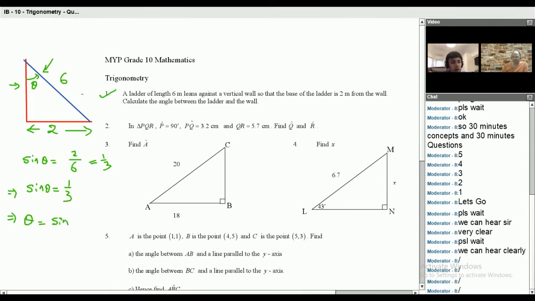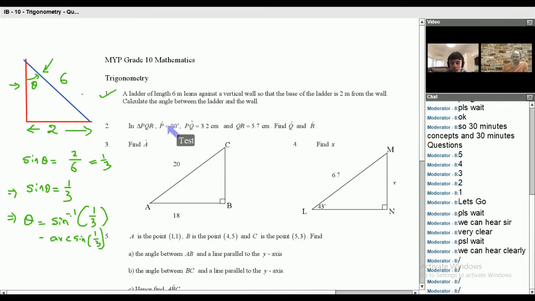It's called arc sine or sine inverse 1/3, and there is another notation, arc sine, which also means sine inverse. To get the value of theta up to 1 or 2 decimal places, we might use a calculator. Otherwise, that would be the answer. Okay, it's clear.